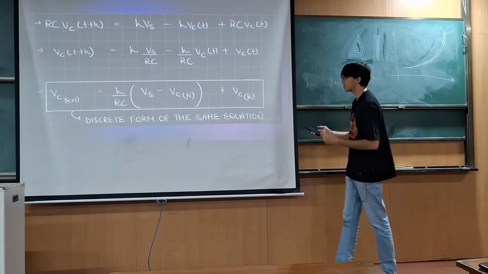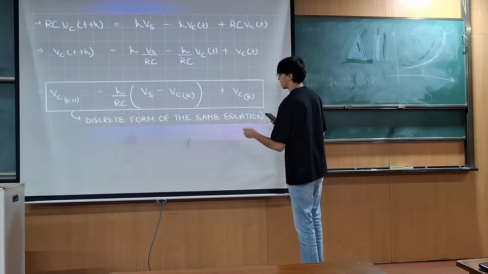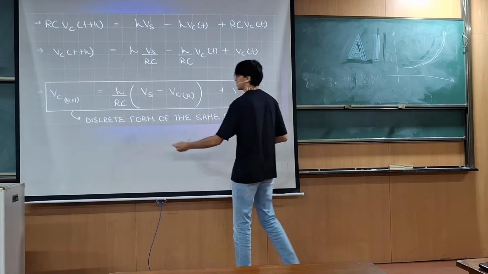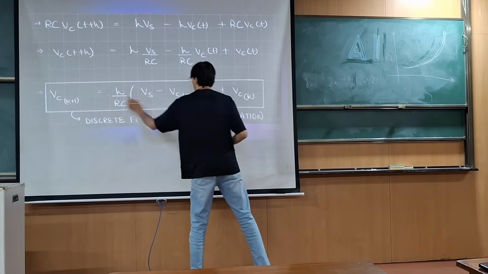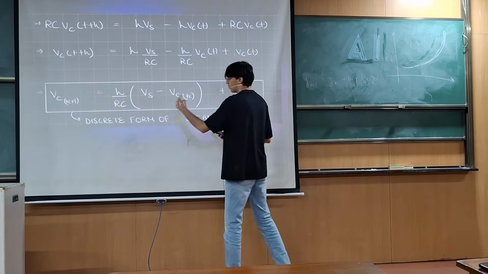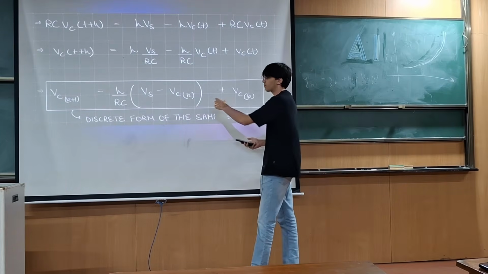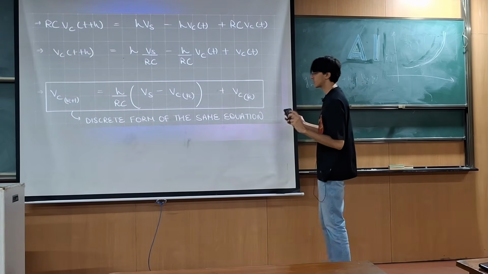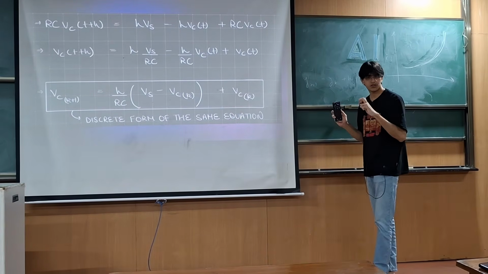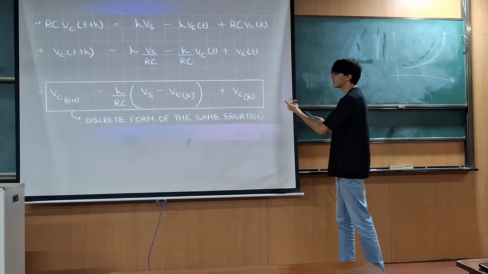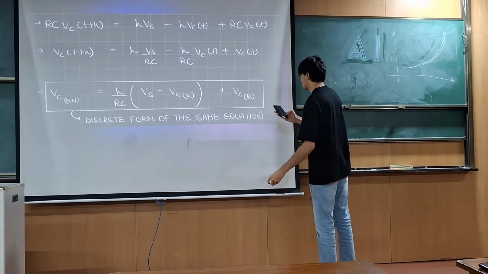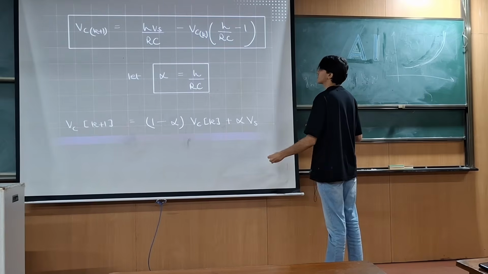That is really important to us because, as you can see, it's recursive. The voltage at the next step depends on the previous step, which depends on the step before that, and so on. So this gives the exponential kind of equation which you know from the solution of the differential equation.